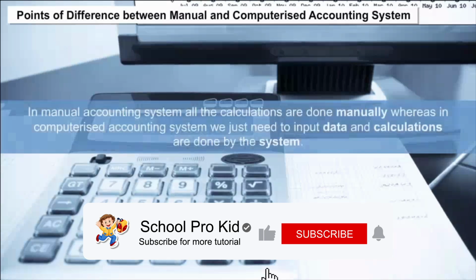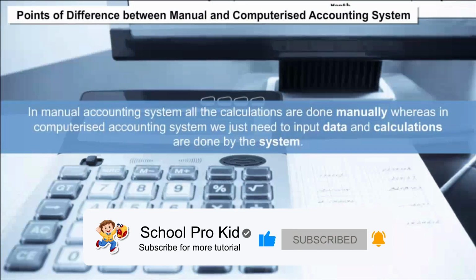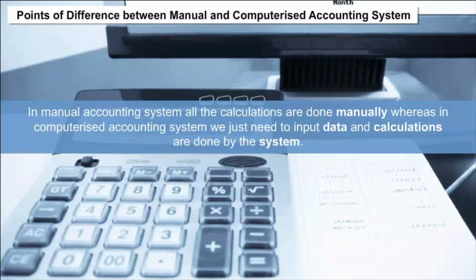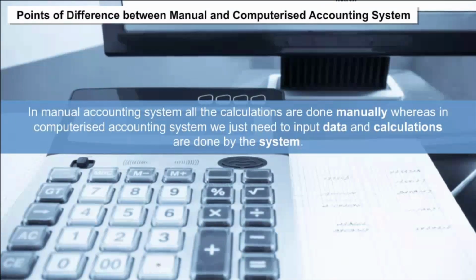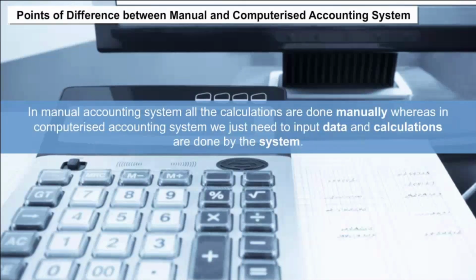Calculation. In manual accounting system, all the calculations are done manually, whereas in computerized accounting system, we just need to input data and calculations are done by the system.